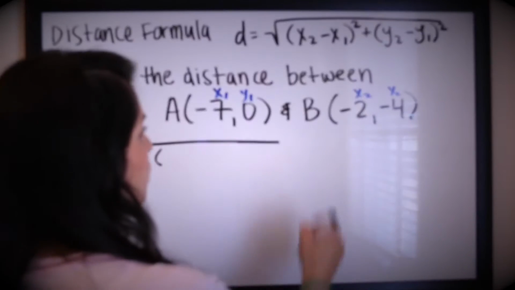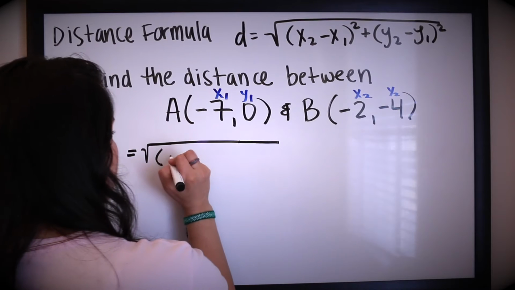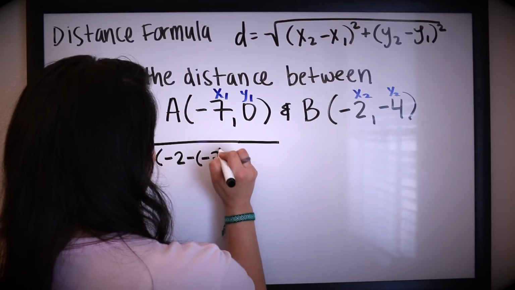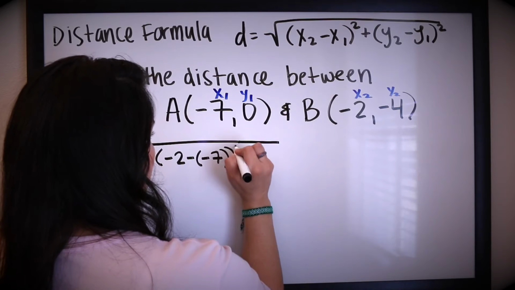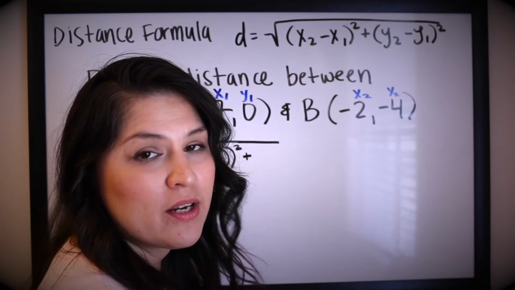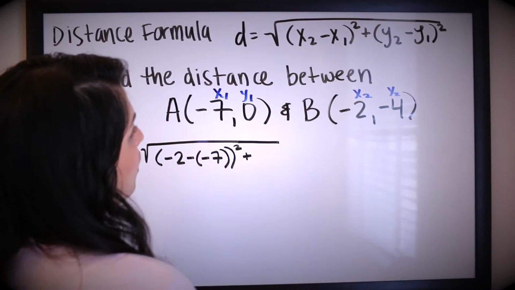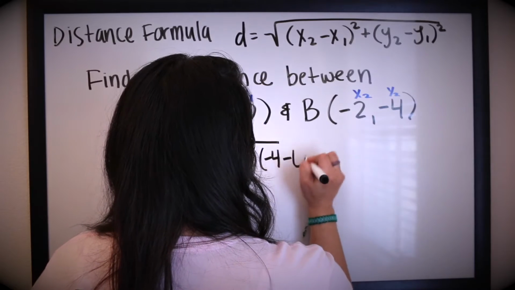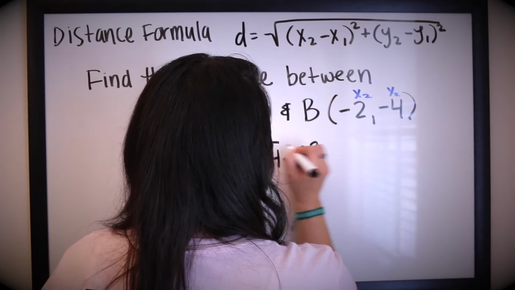x2 minus x1, which we have a -2 minus a -7, plus y2 minus y1, we have a -4 minus 0 squared.